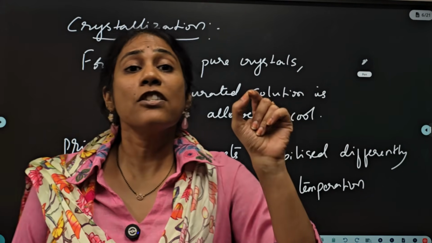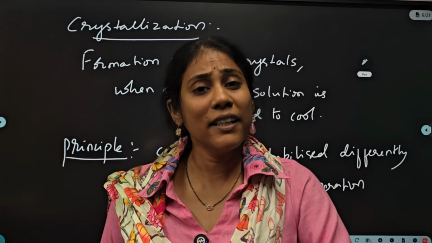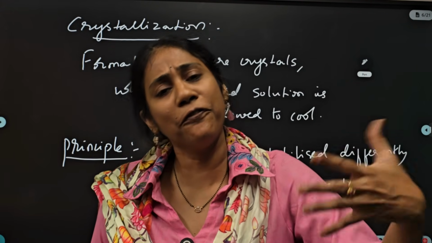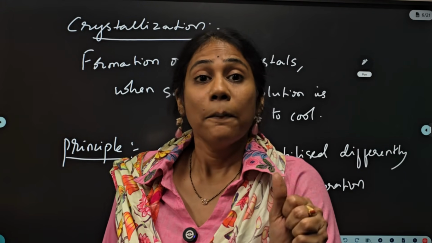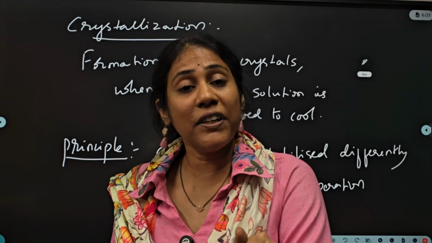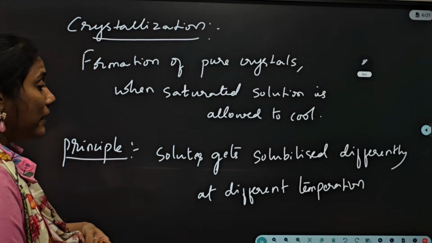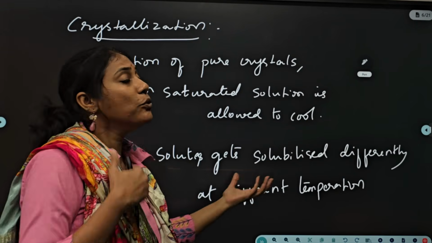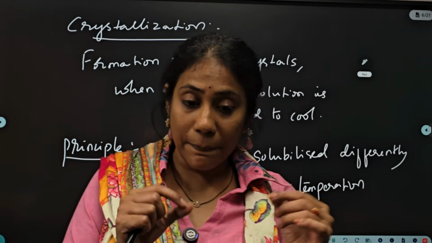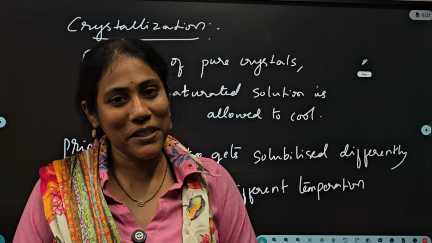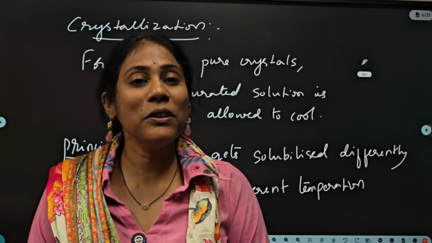The principle is that the solubility of a solute is always different at different temperatures. Because they behave differently, using this technique we are able to create pure crystals and separate one component from another in a homogeneous mixture. So that is all about crystallization.